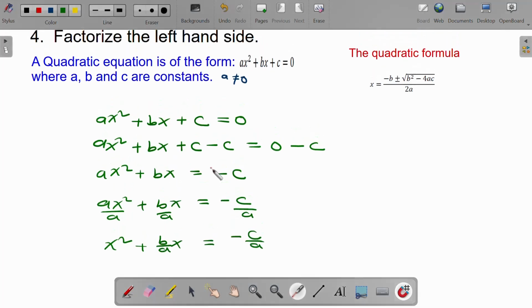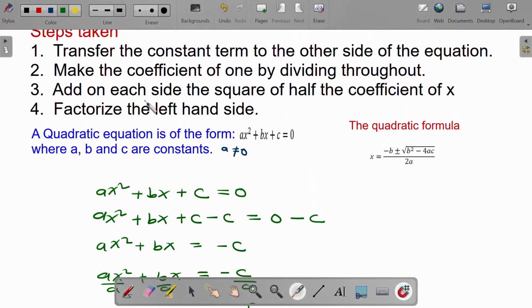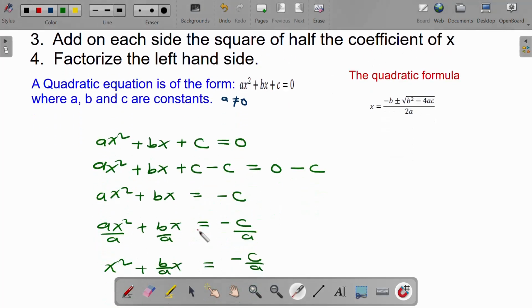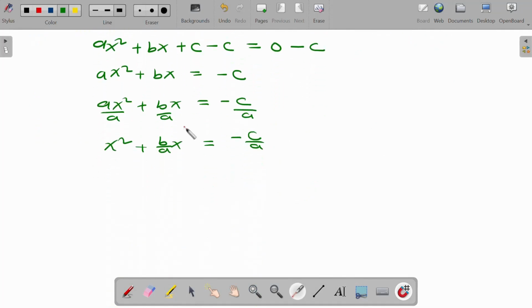Let's move on to the next step: add on each side the square of half the coefficient of x. The coefficient of x here is b divided by a.